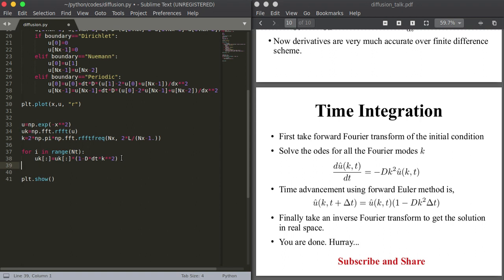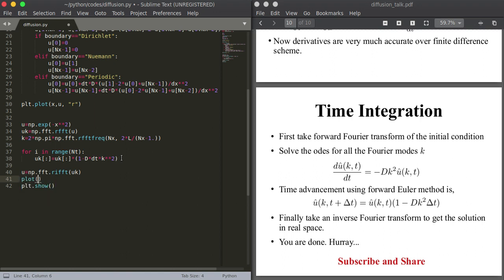Now what is required is to get my solution back in real space. For that I take the inverse Fourier transform, np.fft.irfft. IRFFT means inverse real fast Fourier transform. It will give you the solution in real space.